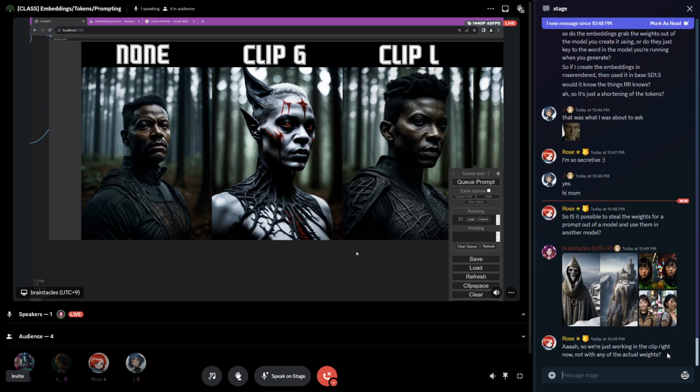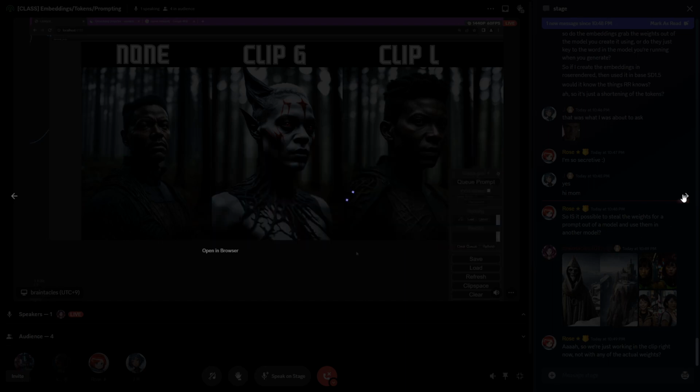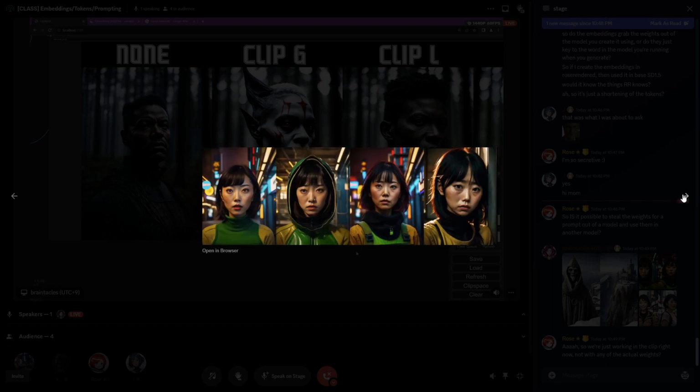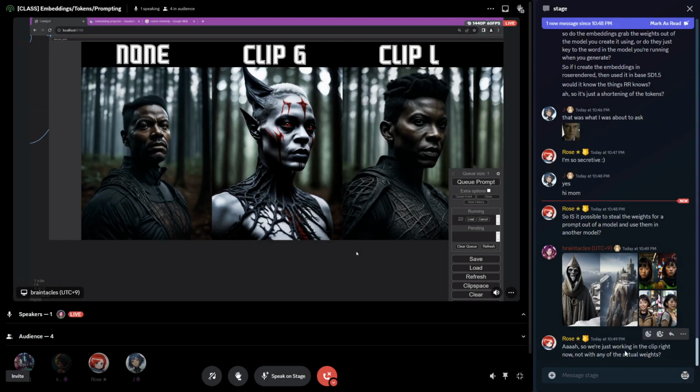While we wait, I'm just gonna share this. So we're just working in the clip right now, not with any of the actual weights. We're not working with the weights of the model. We're working with embeddings and the weights of the clip.